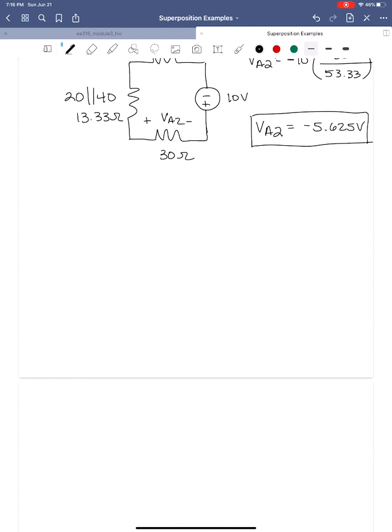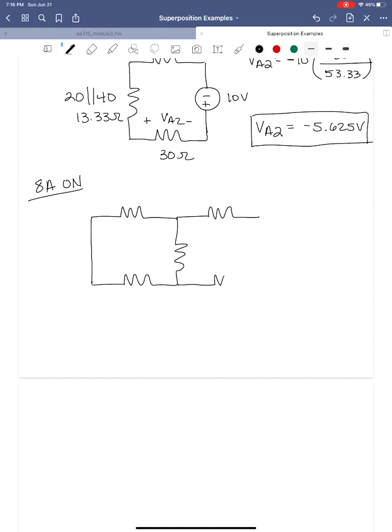Okay, so we're going to have short circuits. So we're going to have 8 amps on. So we're going to have short circuits where the 2 voltage sources are. So this is 8 amps.